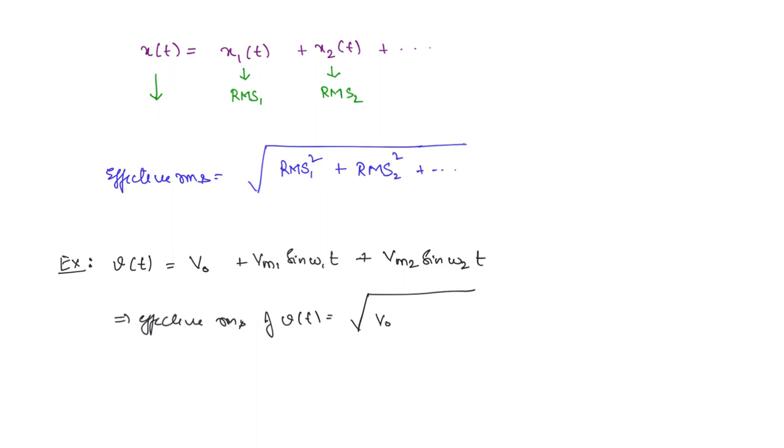The RMS is the same, V0. You square it, plus, here what will be the RMS value? The maximum value divided by root 2. So Vm1 divided by root 2 whole squared plus Vm2 divided by root 2 whole squared. This will be the effective RMS.